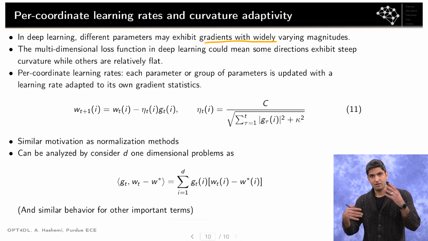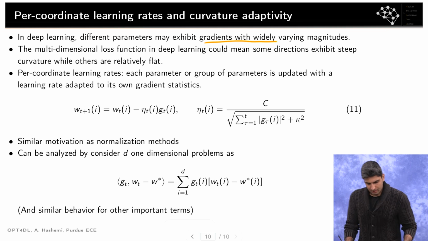It's just that we are in a multi-dimensional space, so some directions may be steeper than the other directions. Therefore, the gradient or the directional derivative along that direction could be larger than the flatter directions. So therefore, we may update some parameters faster than the other ones by using the same learning rate.